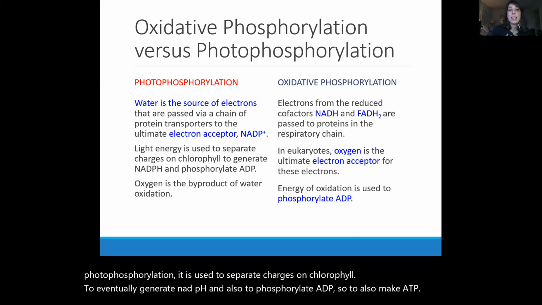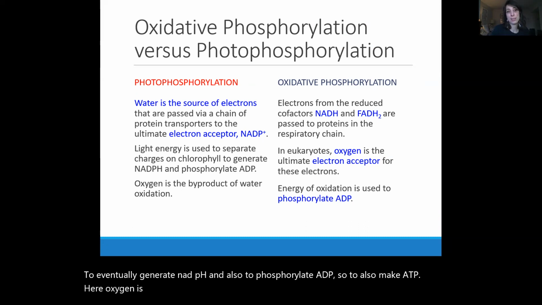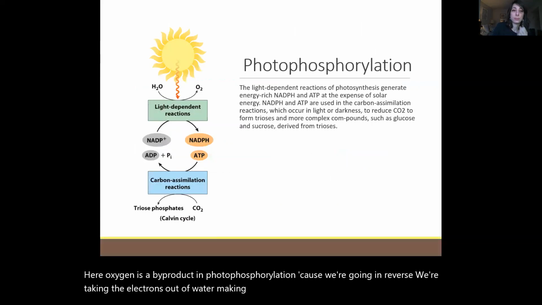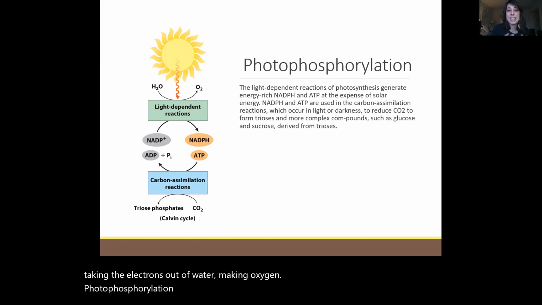Here, oxygen is a byproduct in photophosphorylation because we're going in reverse. We're taking the electrons out of water, making oxygen. Photophosphorylation, again, is a light-dependent reaction that organisms can use.